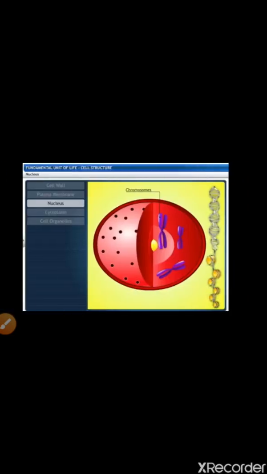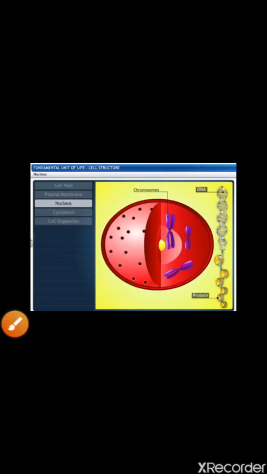The nucleus contains a very important material, the chromosomes. Now what are chromosomes? Chromosomes are the hereditary material that contains all the genetic information of our body. Let's see the ultrastructure of chromosomes.